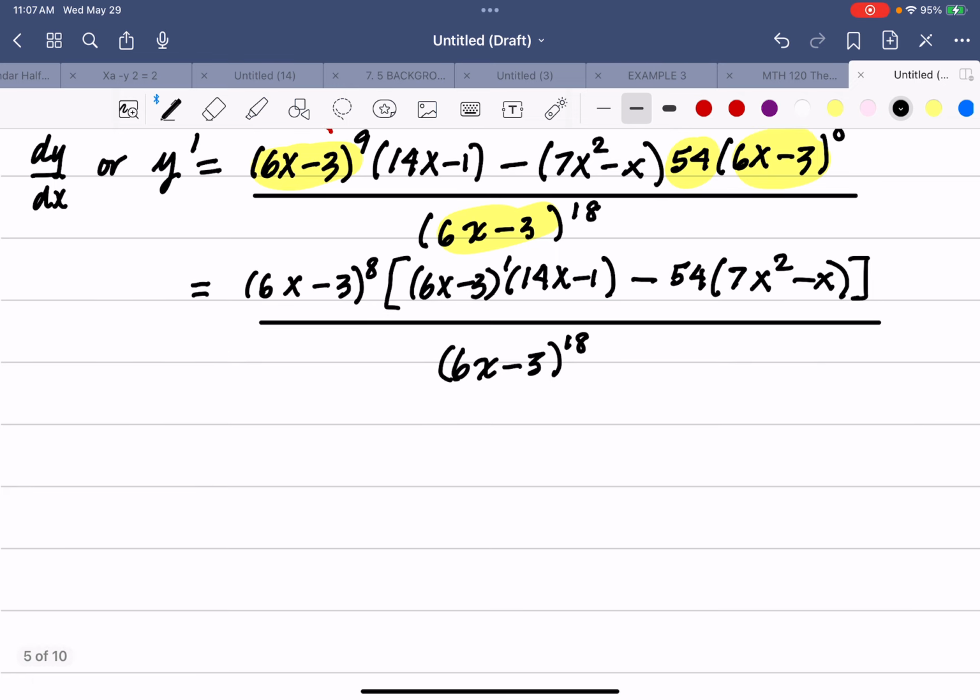Now look, this is a multiply. Even though this other part has subtraction in it, I'm not trying to cancel or take anything out of that part. I can take away 8 of these from the bottom. This is like having x to the 8th over x to the 18th.